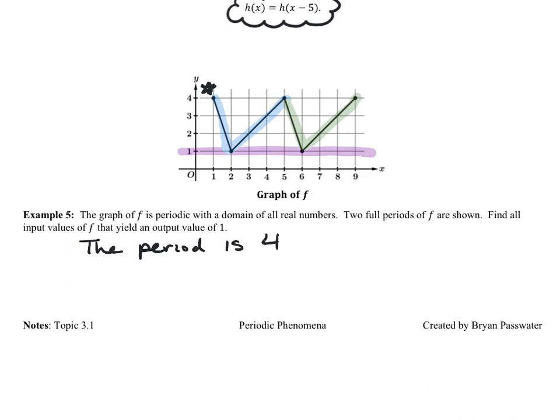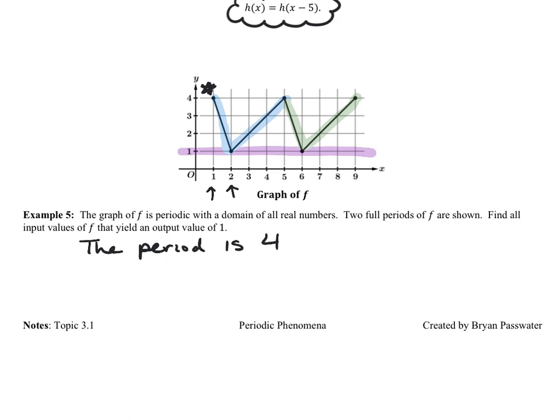If we start at 1, the value of 1 appears at 2, so how many units did that take? If we start here and we get to here, how many units is that? 1 unit. Okay, great. So we have 1 unit after every repeating period when we get to the value of 1.